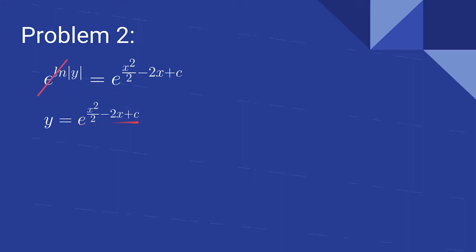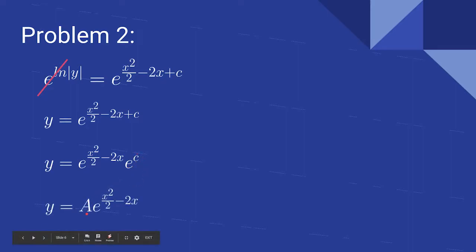If we have a plus sign in the exponent, we can just bring it out and say multiplied by. So now we're left with e to the (x squared over 2 minus 2x) times e to the c. Now this is a constant to a constant, which is just another constant, I'll call big A.